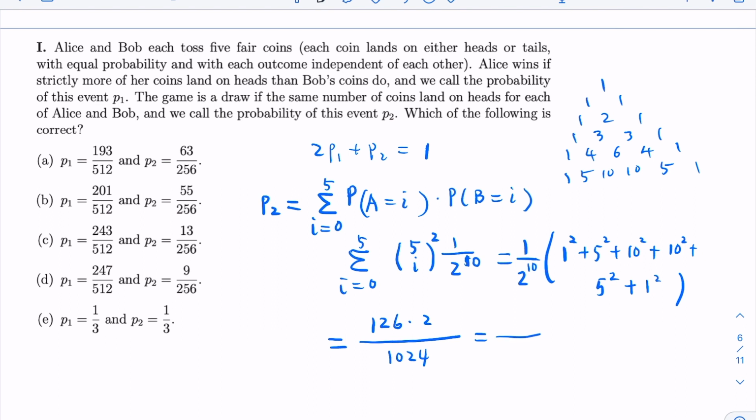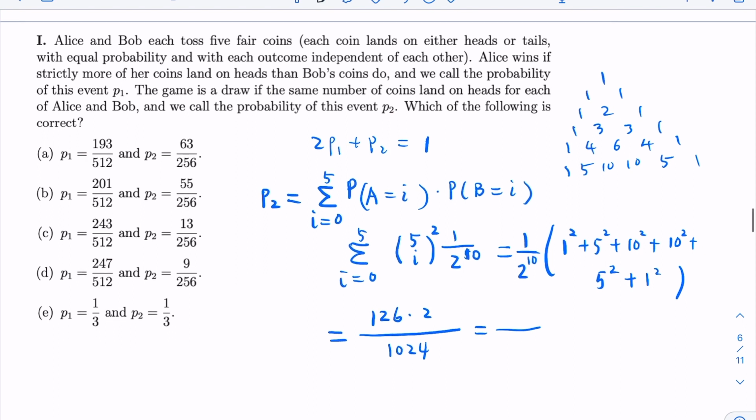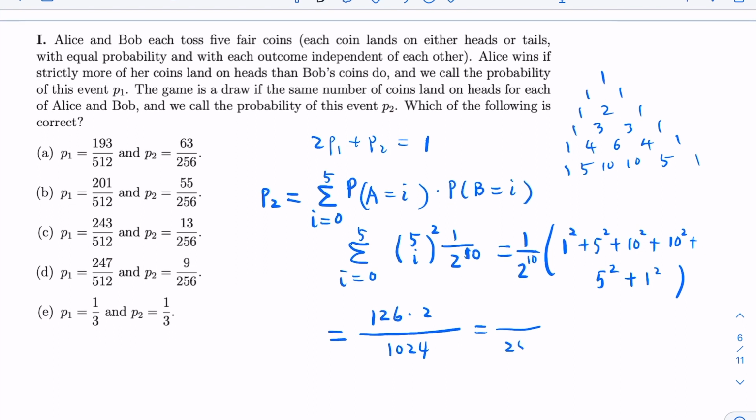Divide by 4 on both top and bottom, that's going to be 256, and here is going to be 63. Okay, so the answer is A.